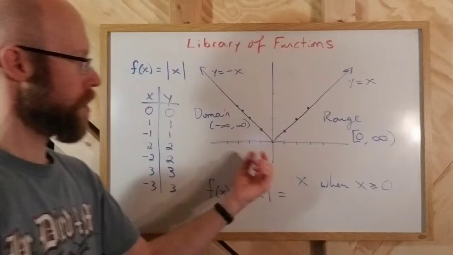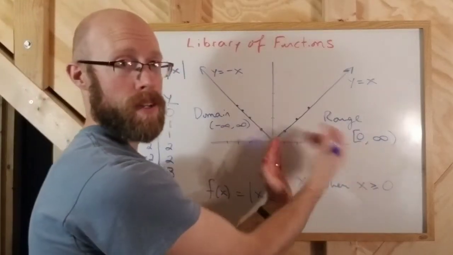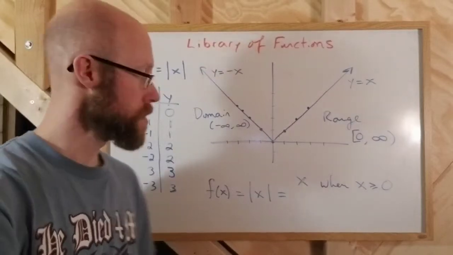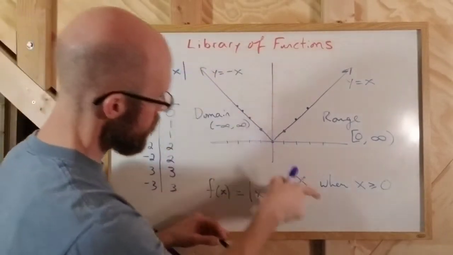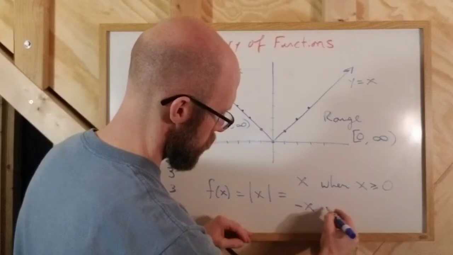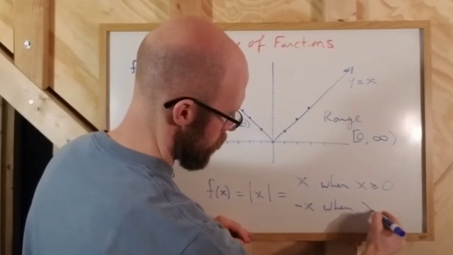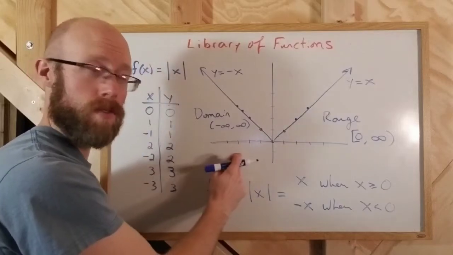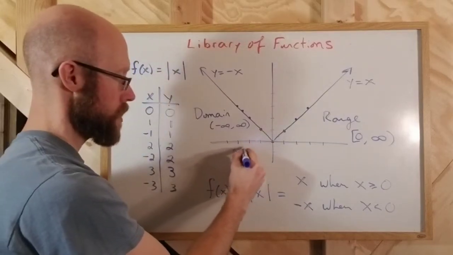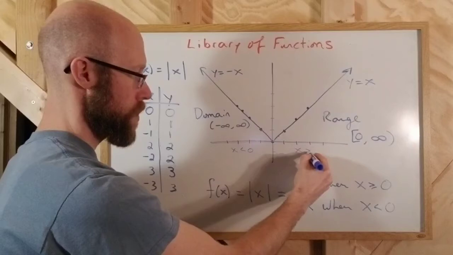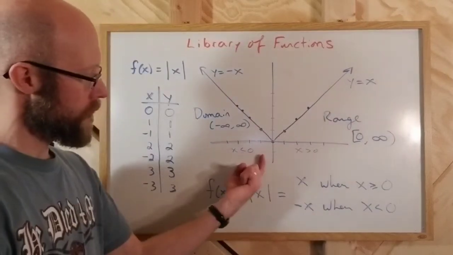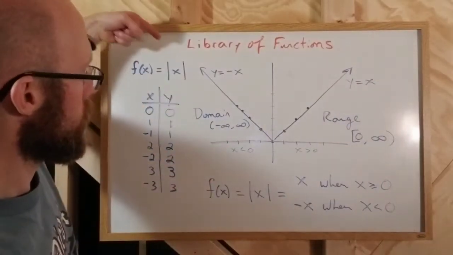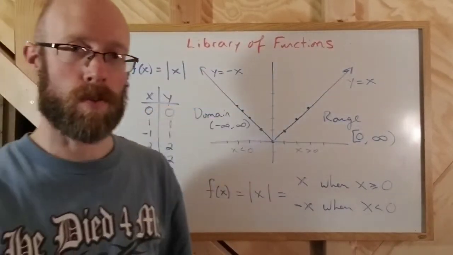It's for all these positive values of x, the function is x itself, y equals x. It's also, though, negative x when x is less than 0. So for all the x values that are negative over here, right, over here x is less than 0, and over here x is greater than 0. For all the negative or less than 0 x values, we're looking at the negative x function going down.